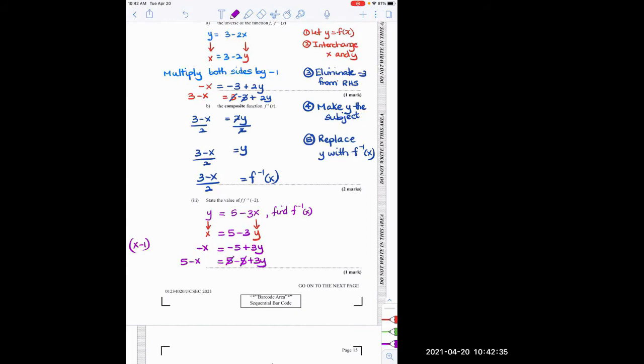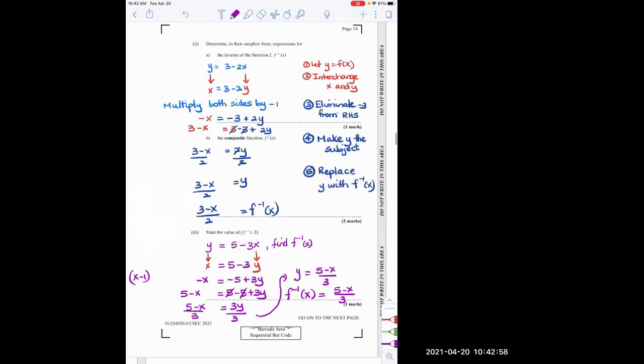This will cancel. So 5 minus x is equal to 3y. We divide both sides by the number in front of the y. So y is equal to 5 minus x over 3. And the last step, f inverse is 5 minus x over 3. Are we okay? Yeah, miss.